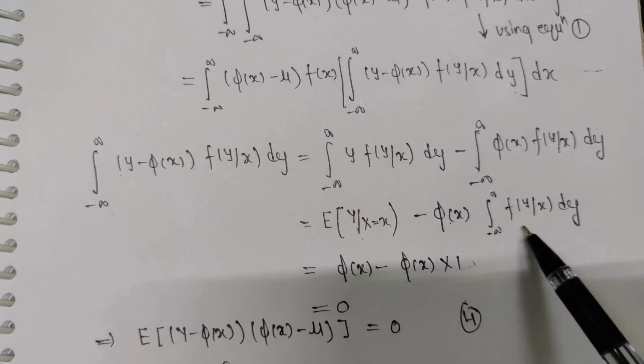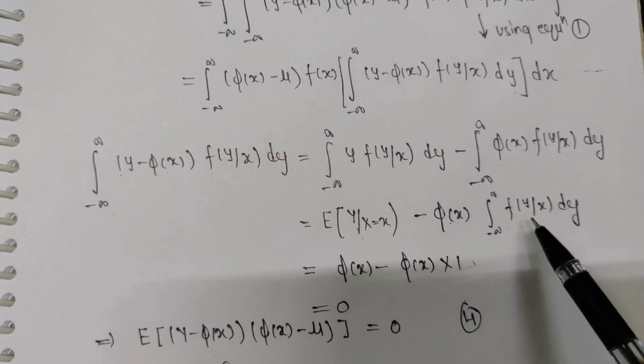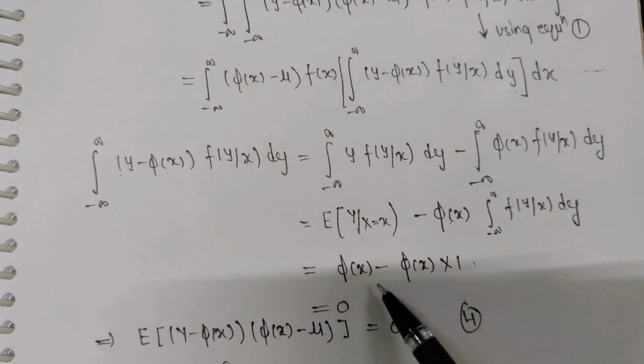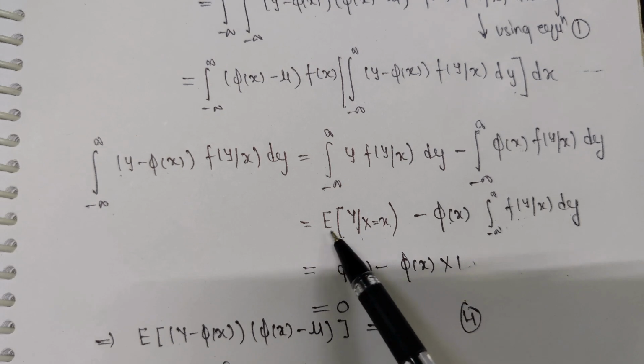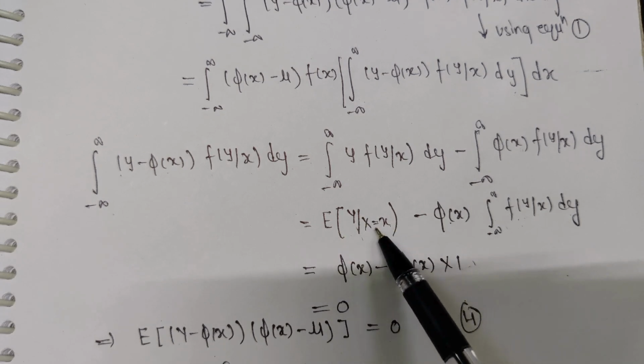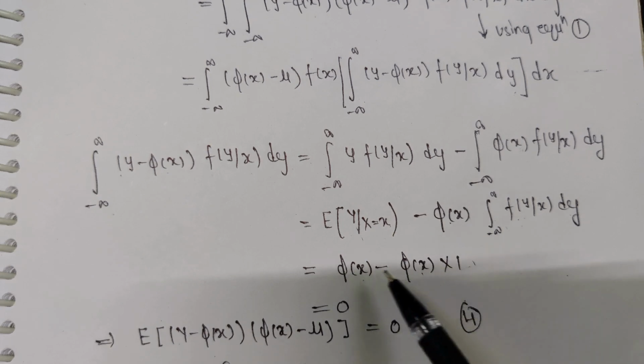And this is the density over the entire range dy, so this value becomes 1 because of the property of the probability density function. Now we know that phi(x) is the expected value of Y given X, so we replace the expected value of Y given X by phi(x), and the second term is also phi(x), so the value becomes 0.